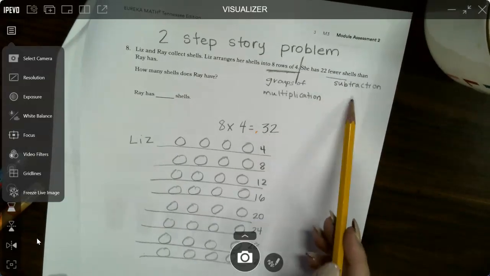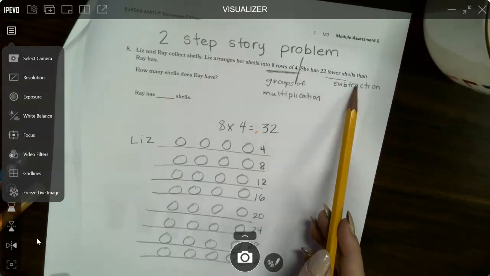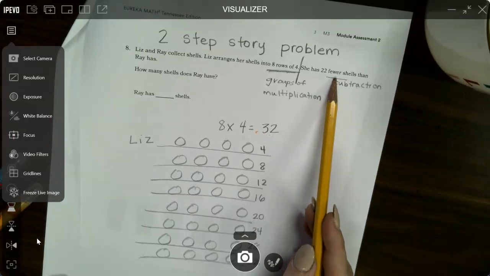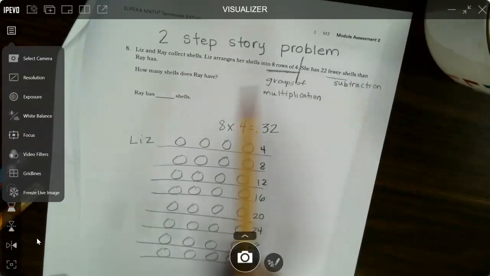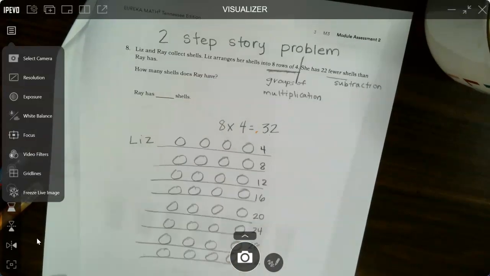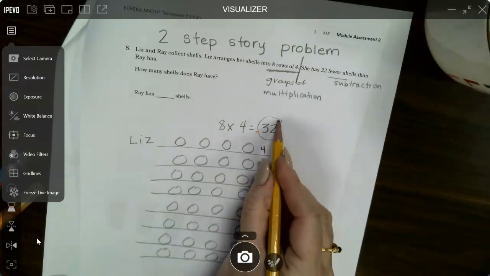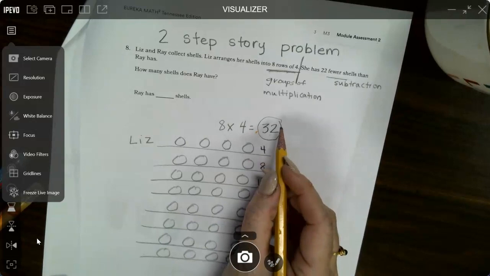Okay, now Miss Smith thought of subtraction when I think of fewer, but if I'm subtracting, I would have to do an unknown amount that I'm subtracting from. Basically, they're saying 32 shells is 22 less shells than Ray has.